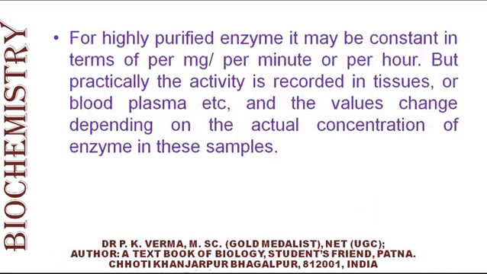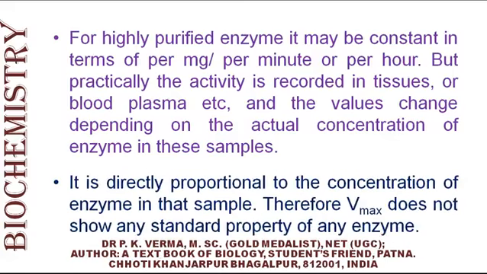For highly purified enzymes, it may be constant in terms of per milligram, per minute or per hour, but practically the activity is recorded in tissues or in blood plasma, and the values change depending on the actual concentration of enzymes in the sample.